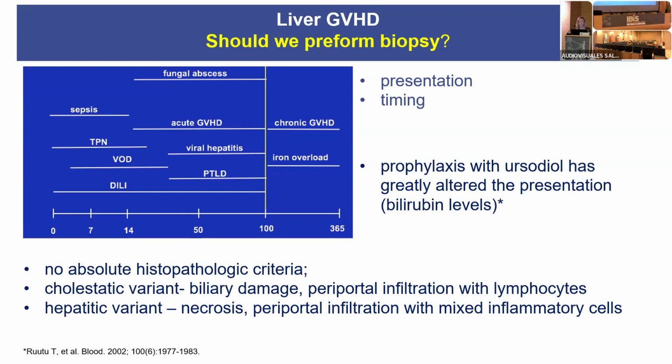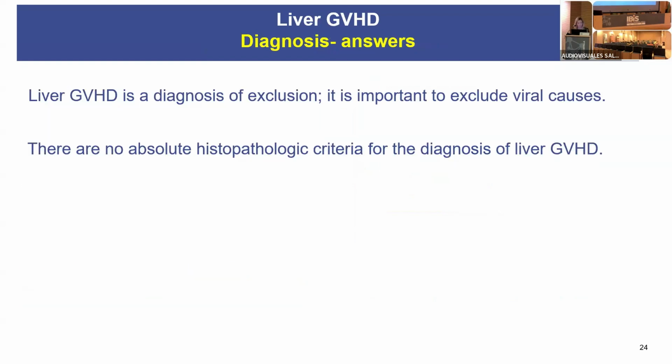And we should know very well all the differential diagnoses, presentation, and timing of all these complications that can be in the differential diagnosis of alteration of liver enzymes. Also to be noted, prophylaxis with ursodiol has greatly altered the presentation, and patients do not have those higher bilirubin levels like they did before.